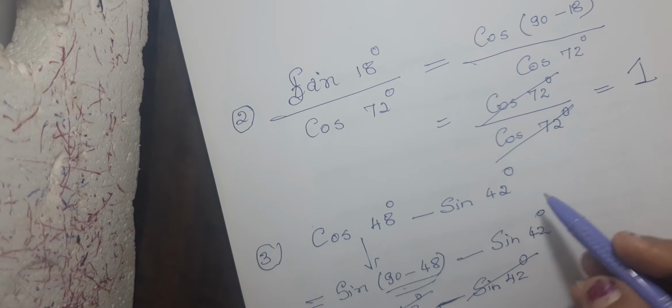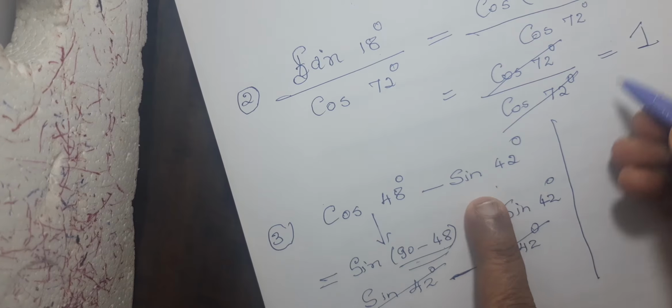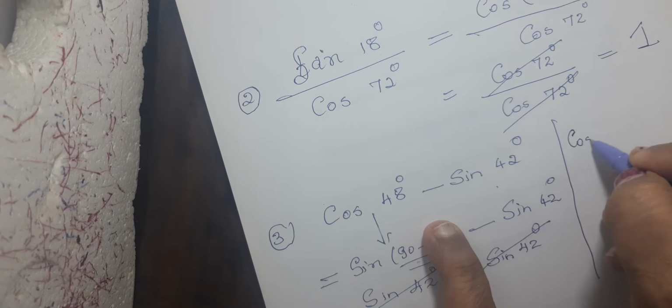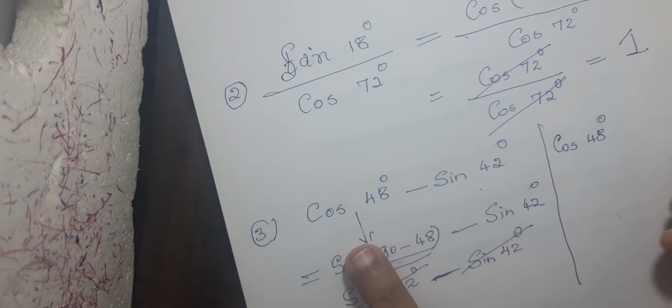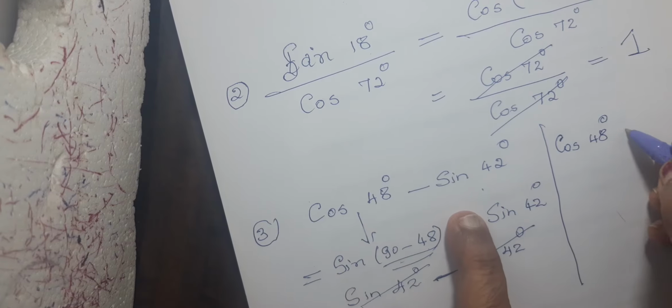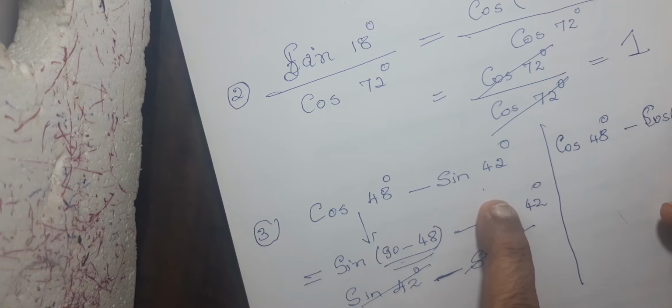Now if you want, you could have changed sine 42. In that case, I'll show you here. Cos 48 you have to keep as it is. I told you, change any one. So if you keep cos 48 as it is, then sine 42 will be cos of 90 minus 42.